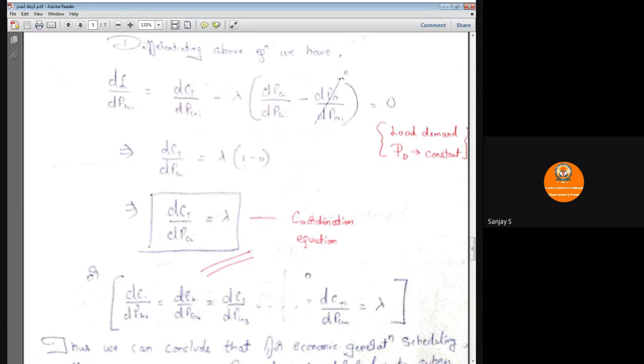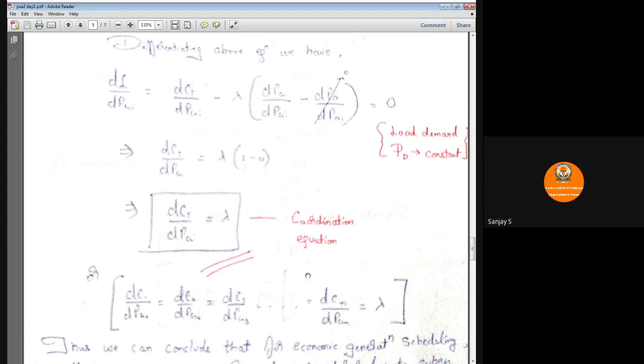With respect to individual plants, if you consider, then it will become dC1 by dPG1, dC2 by dPG2, dC3 by dPG3 up to n plants is equal to lambda. Always remember the first derivative of the cost function is always your incremental fuel cost equation.